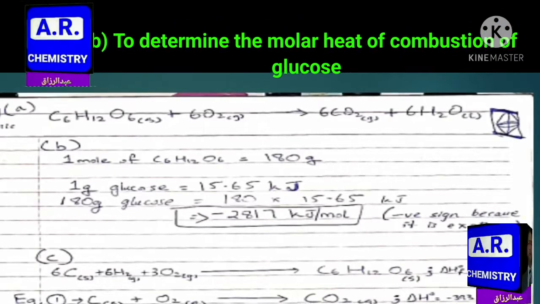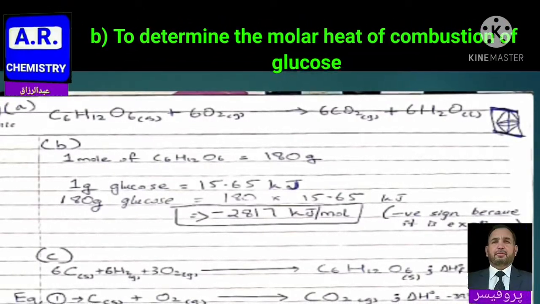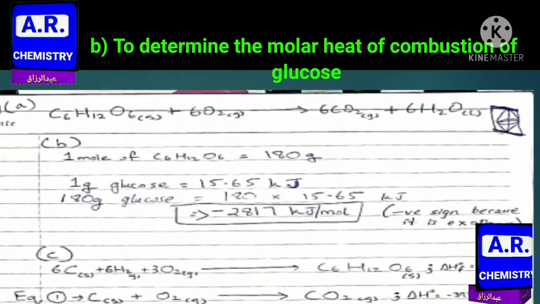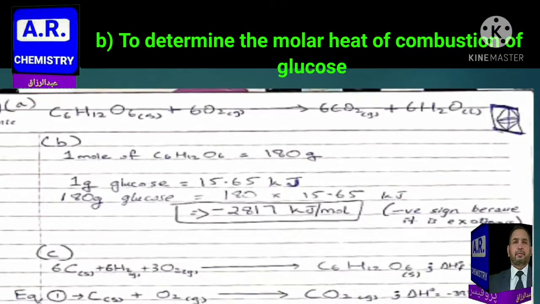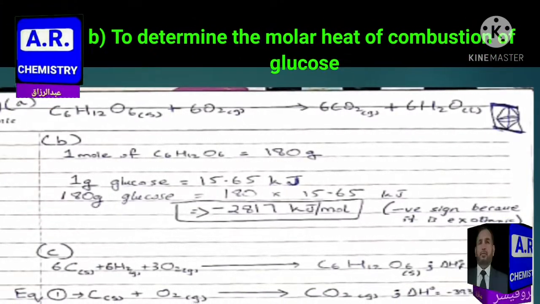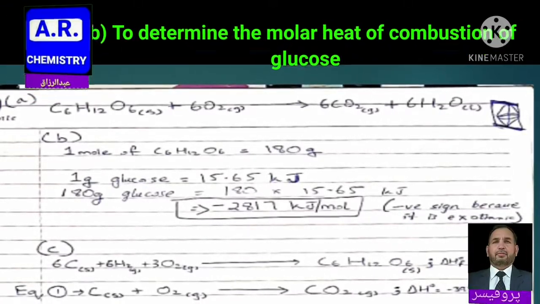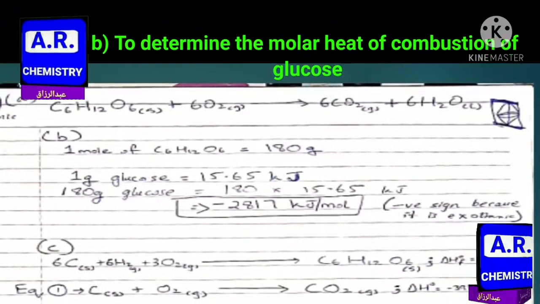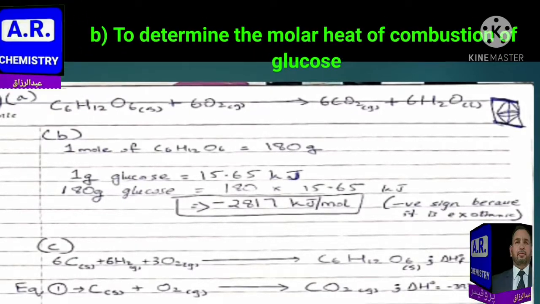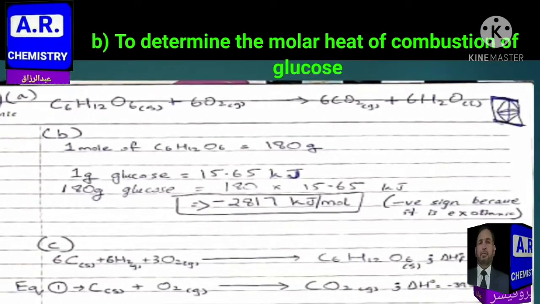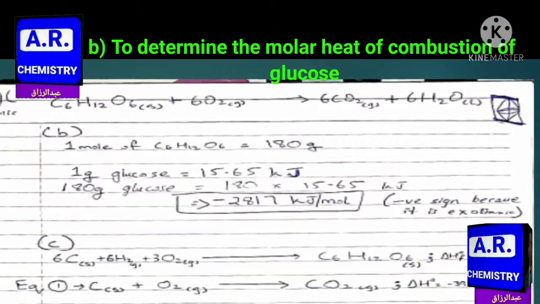The second part is to determine the molar heat of combustion. In the question, the heat of combustion for 1 gram of glucose is given. So first of all, you are to calculate the molar mass of glucose. You know that the molar mass of carbon is 12 grams.